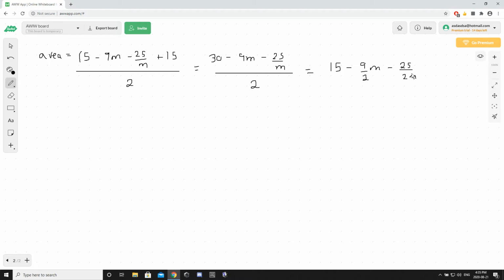Now recall that this is the equation for the area. I'm going to determine the derivative of this equation because, as I said earlier, that's going to help me figure out what the critical points are.